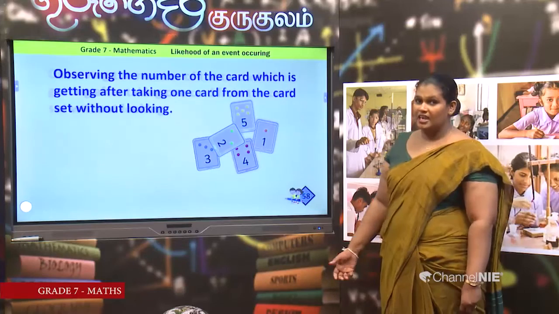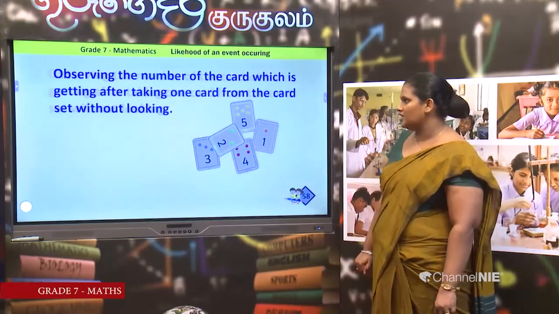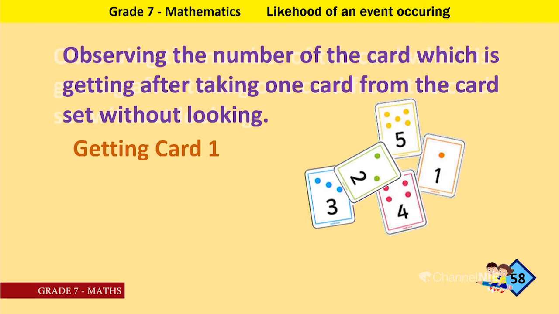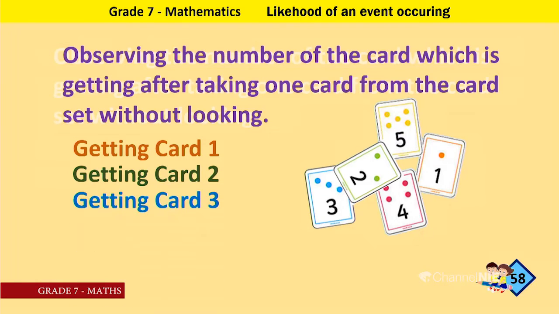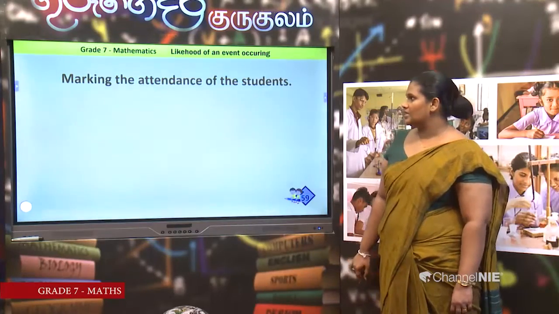Which card would I get if I take one card out of these 5 cards without looking? I might get card 1 or card 2 or card 3 or else card 4 or else I might get card 5.